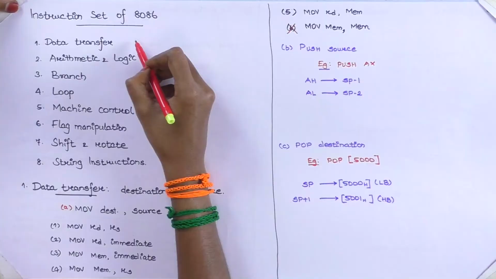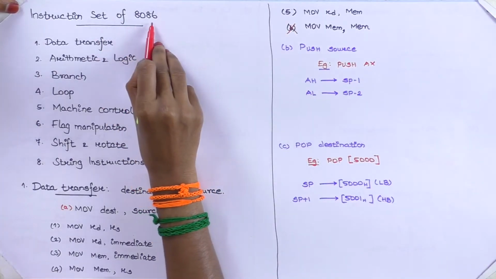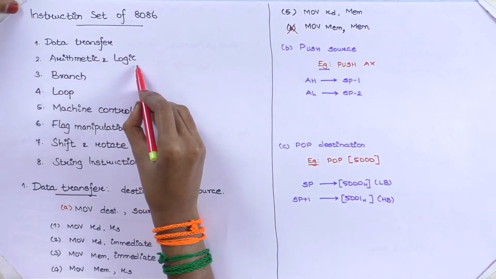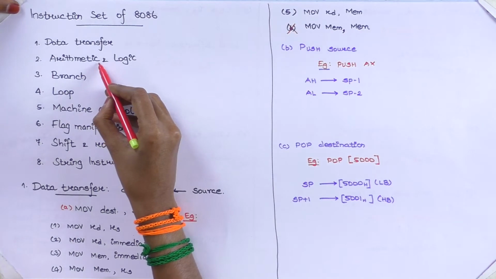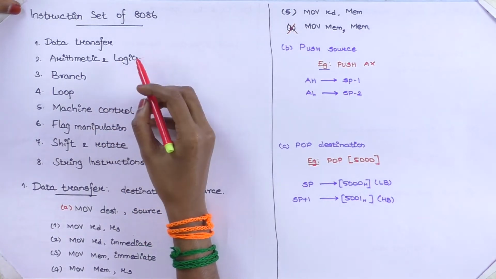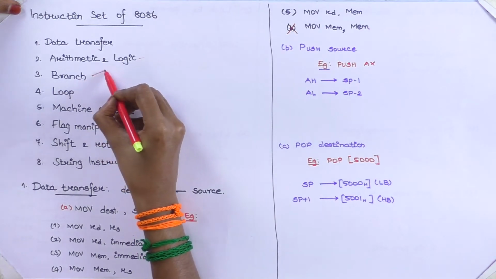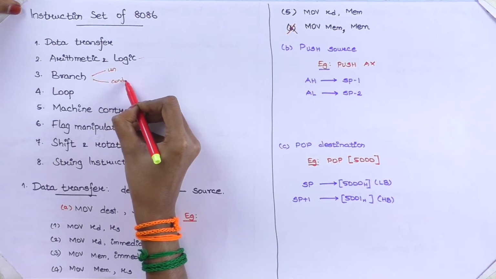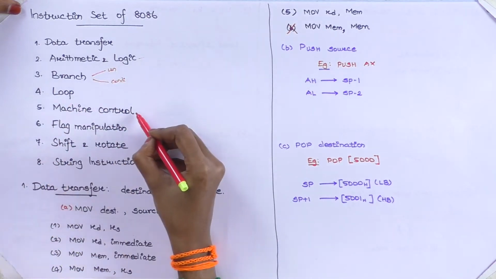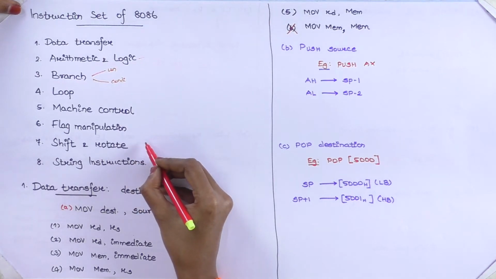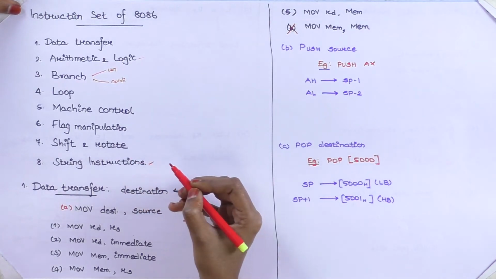Fine. So the types of instruction set in 8086 are data transfer instructions, arithmetic and logical instructions. Here we will perform addition, subtraction, multiplication, division, and then AND, OR, NOT logics. Then branch, which is of unconditional and conditional branches. Then loop instructions, machine control instructions, flag manipulation instructions, shift and rotate instructions, string manipulation instructions.